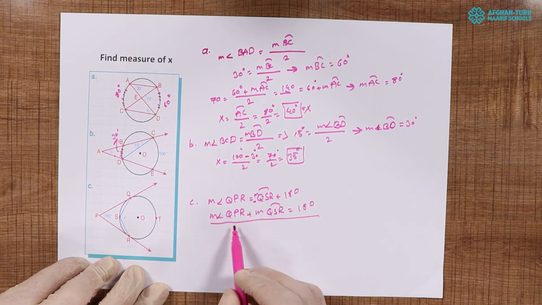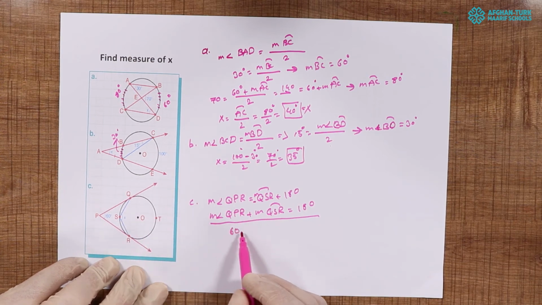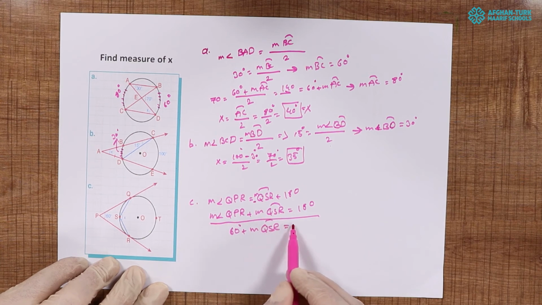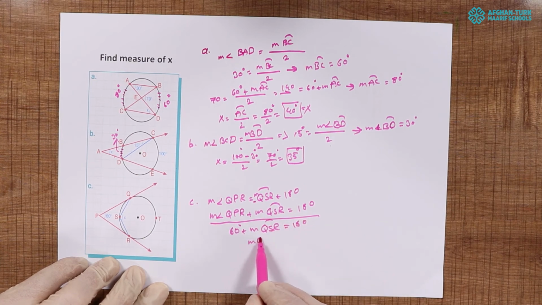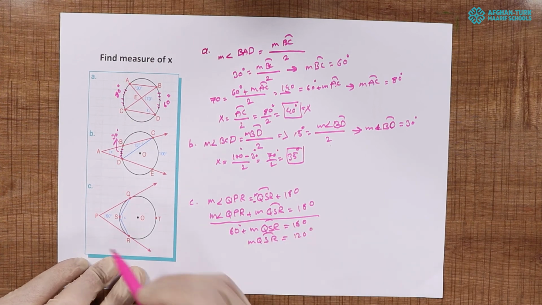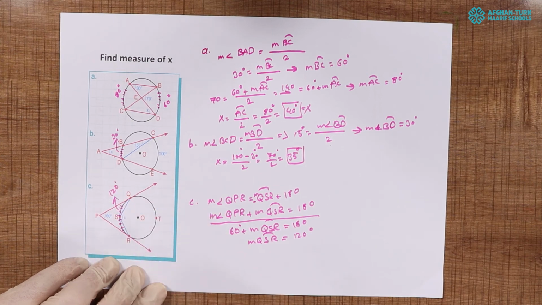We had this formula. So what's the measure of angle QPR? It's 60 degrees, plus measure of arc QSR will be 180. So measure of arc QSR will be 120. It means this arc will be 120 degrees.